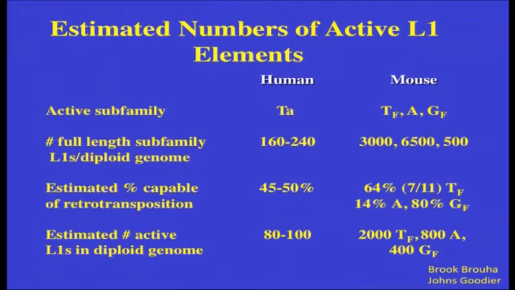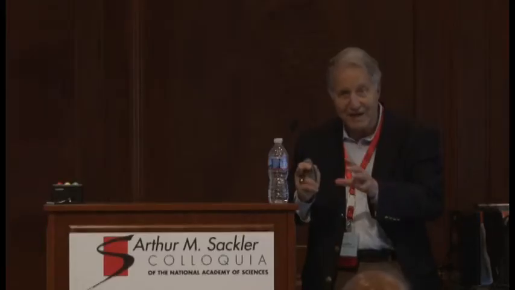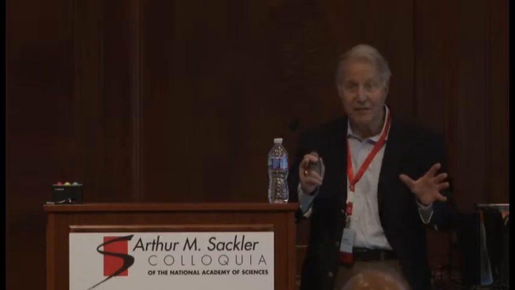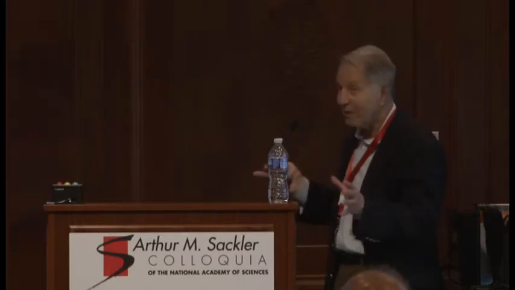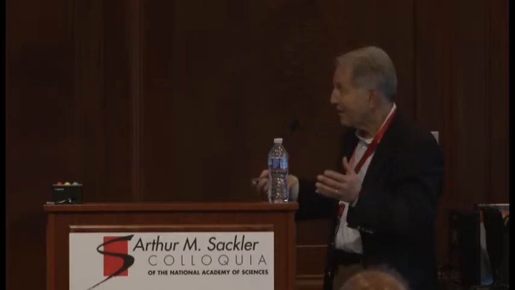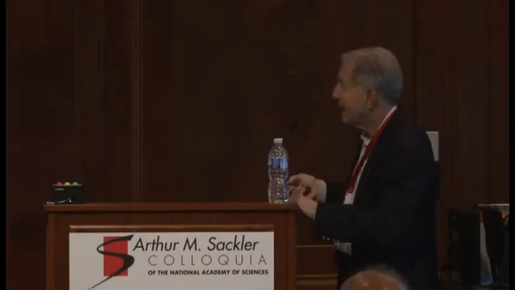Our estimated number of active L1s in the diploid human genome is on the order of 100. 100 active elements out of some 500,000 of these elements, most of them truncated and dead, sitting in the genome. They make up almost 20% of our genome, but only 100 in each of us are active.